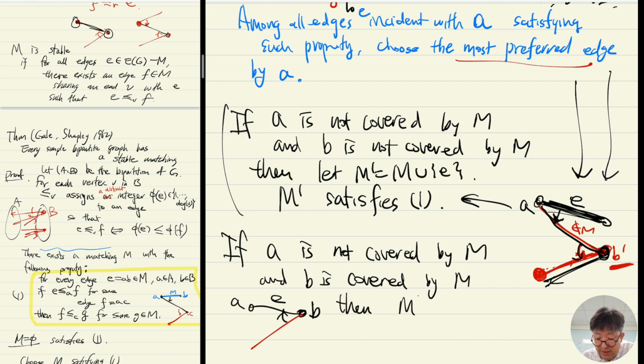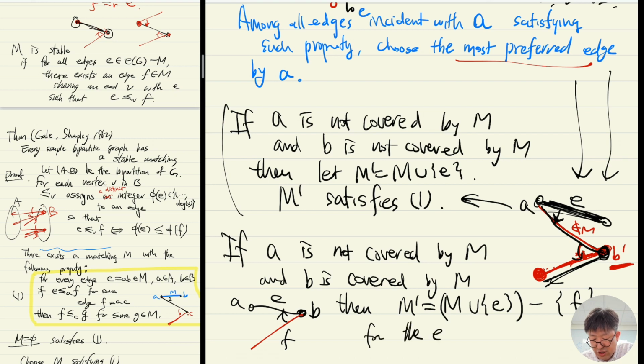So then we replace M prime by M union E minus F, for the edge F in M incident with B.